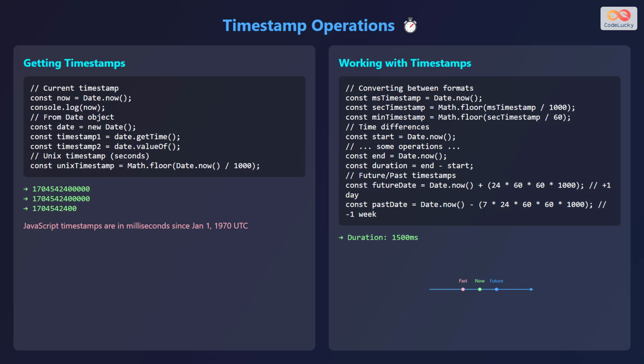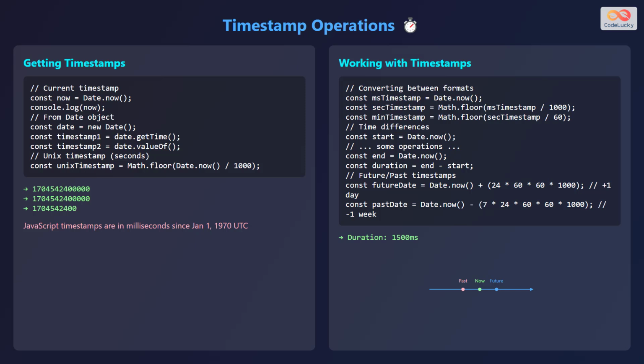Now let's explore timestamp operations. A timestamp is a numerical value representing the number of milliseconds that have passed since the beginning of the Unix epoch, that is, January 1st, 1970, UTC. To get the current timestamp, we use the Date.now method. The getTime and valueOf methods of the date object also return the timestamp of a given date object.